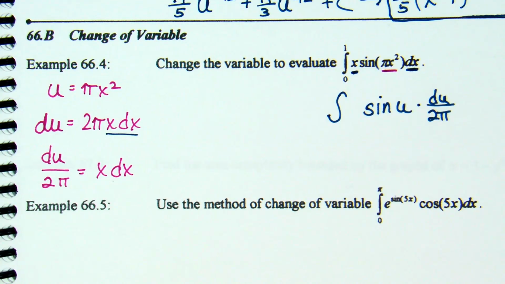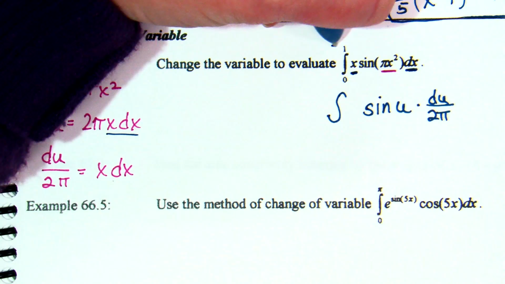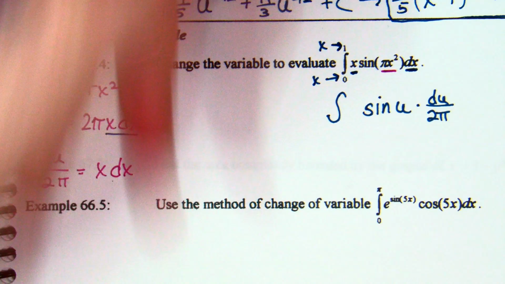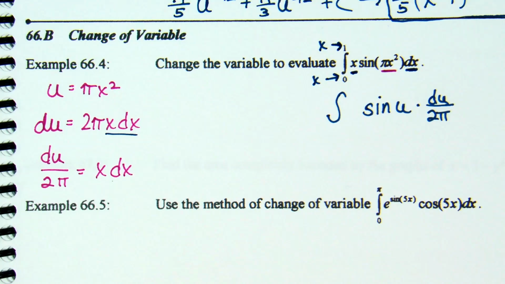Yes? All my variables were x's. So what does this mean about this 0 and 1 here? They are what type of values? They are x's. They were given to you on a problem with x's. What is my problem now? My problem is in terms of u.